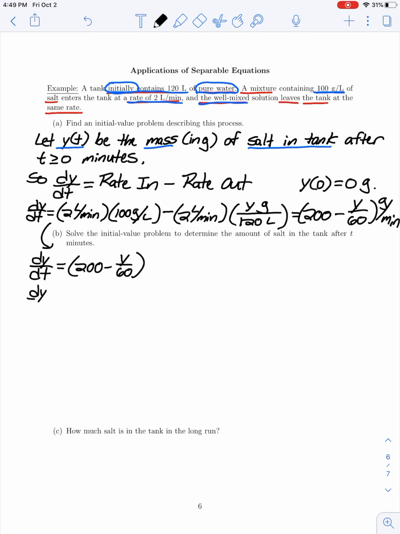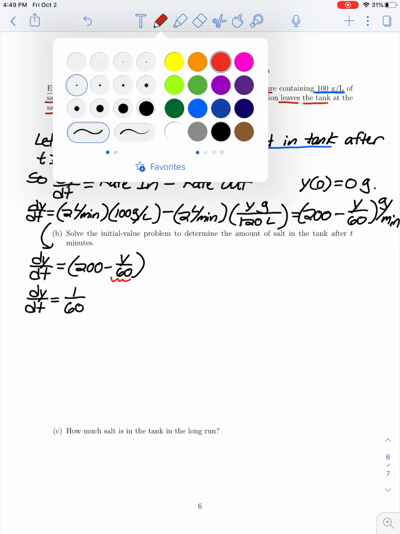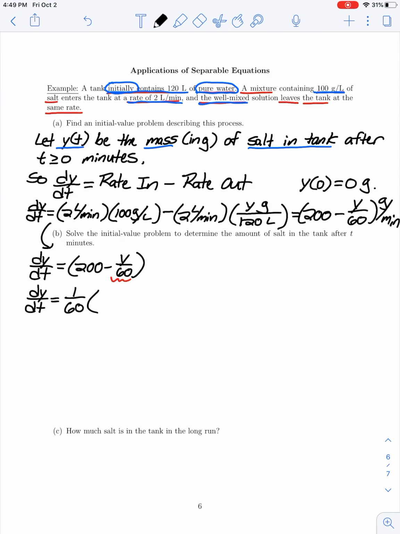Or, for simplicity in the next part of the problem, I might factor out a 1 over 60 from this coefficient of y, and that would leave me with 60 times 200, so 12,000 minus y, and I can see that this equation is separable.